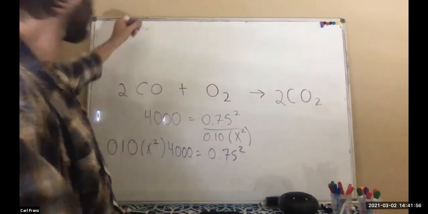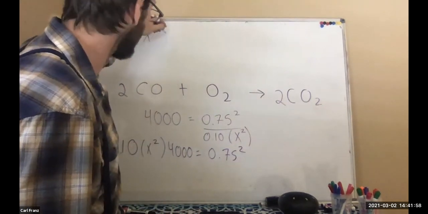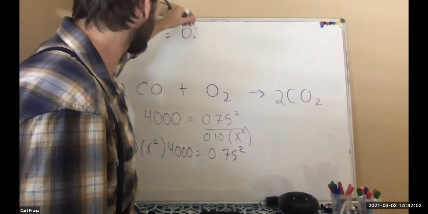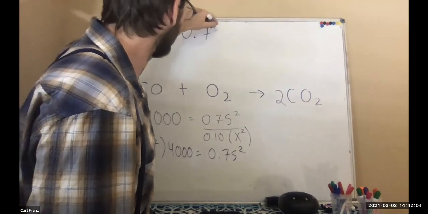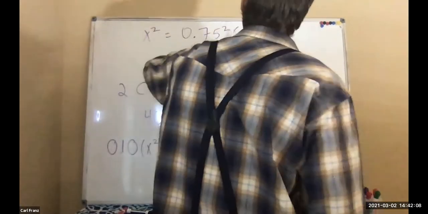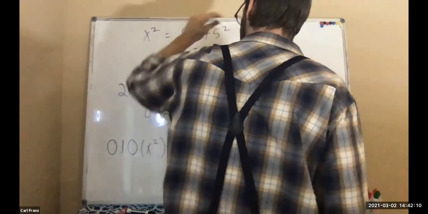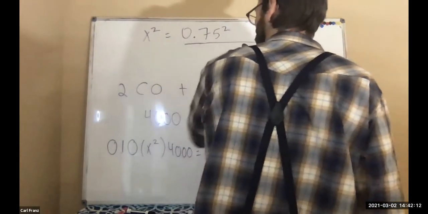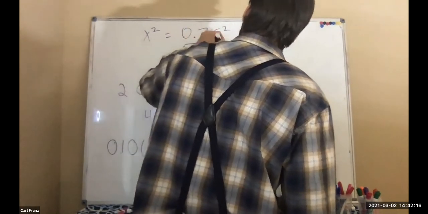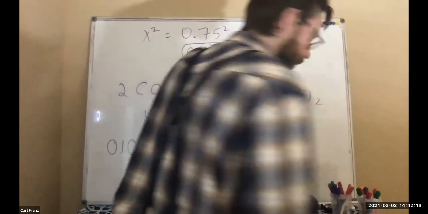So then to get x by itself, we have x squared equals 0.75 squared divided by 0.10 and 4,000.